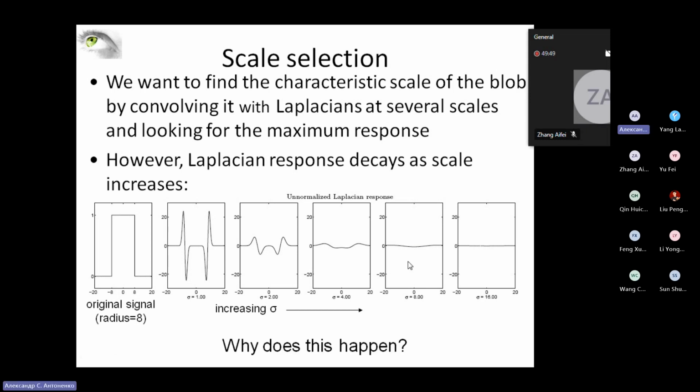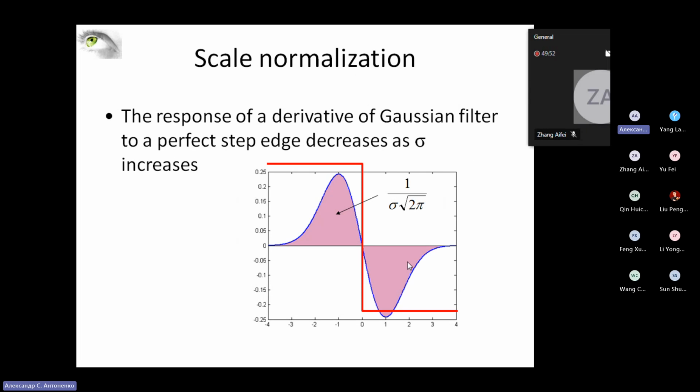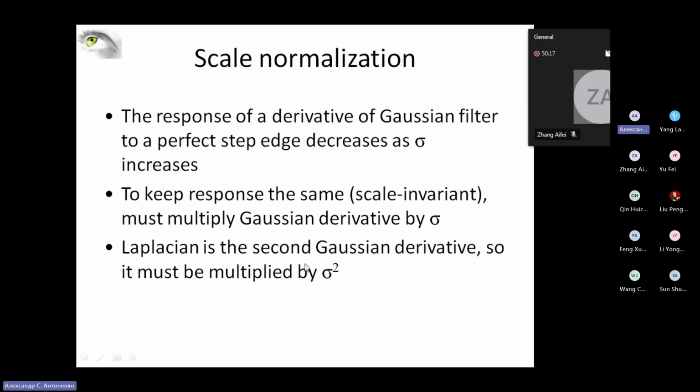So why does this happen? The response of the derivative of Gaussian filter to a perfect step edge decreases as sigma increases. So when we blur this edge, the derivative will be less. So the derivative decreases. To keep the response the same, so scale invariant, we must multiply the Gaussian derivative by sigma.